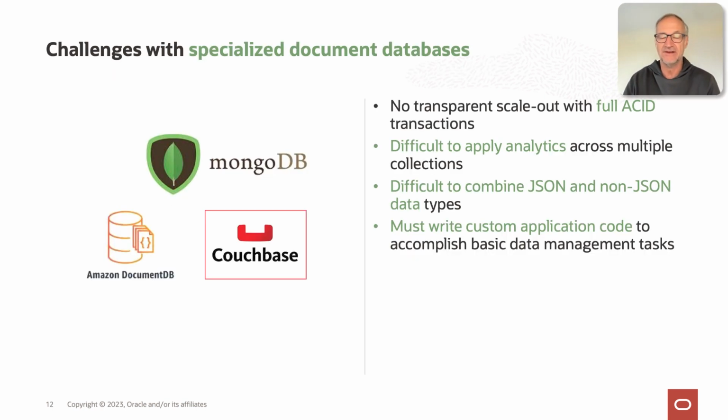And looking at the specialized databases, I touched on that briefly before. If you build something for a single purpose only, it's difficult to apply other workload types or other use cases to it. Now we're talking about JSON and MongoDB specifically as the most prominent document database: it's difficult to combine your JSON workload and data type with anything that is not JSON.